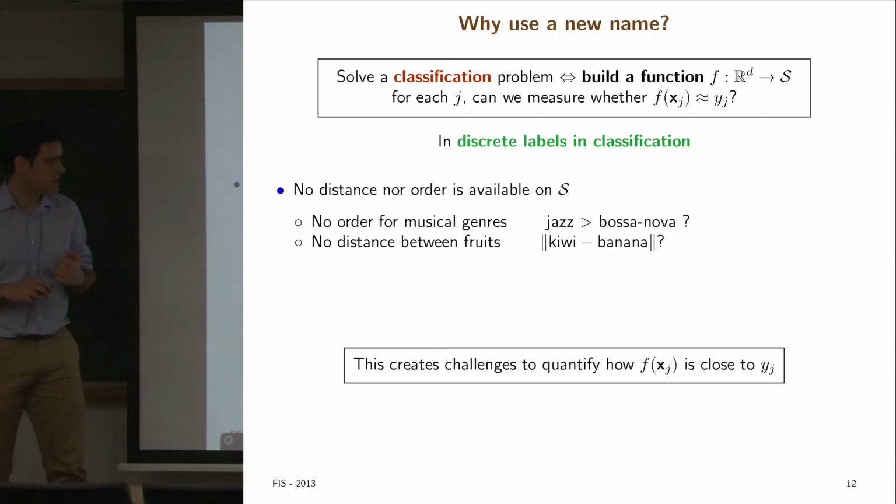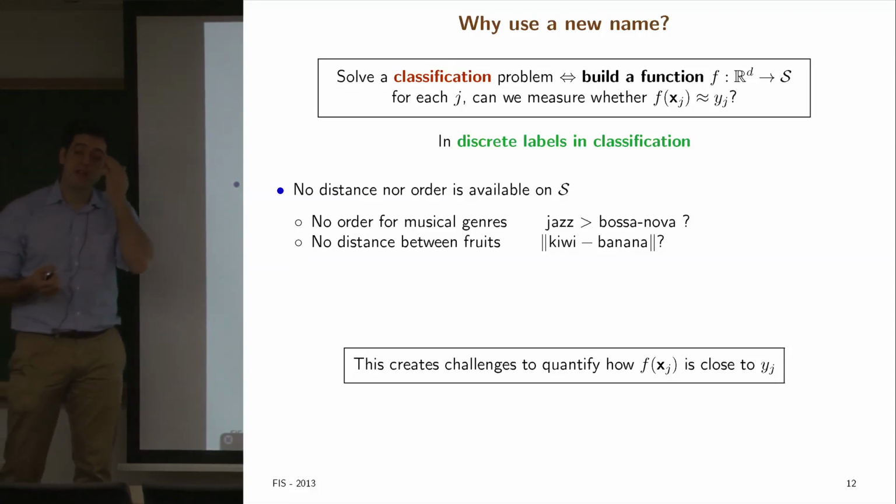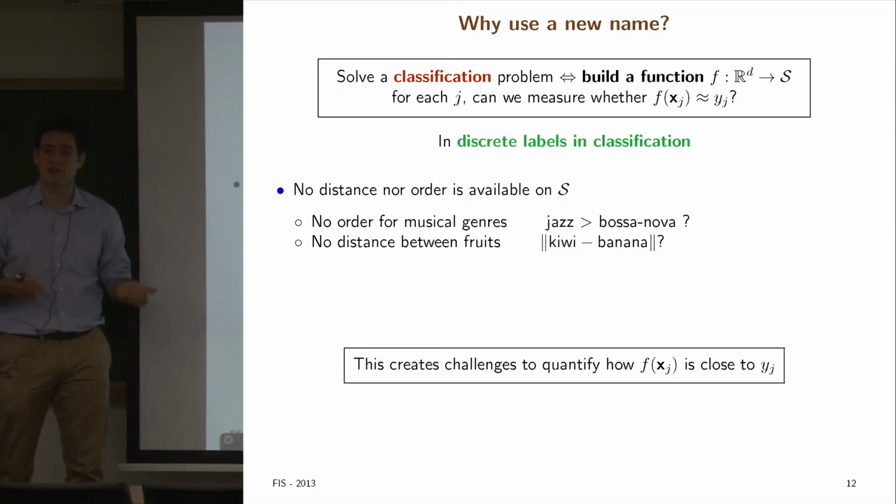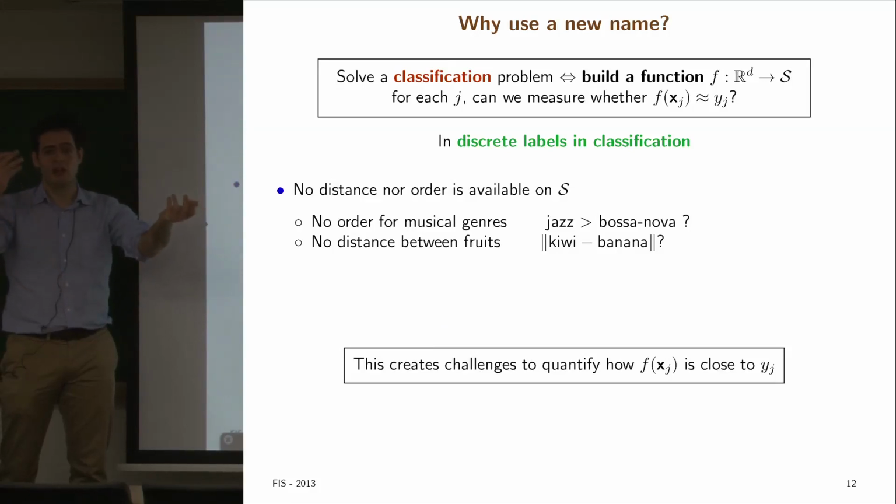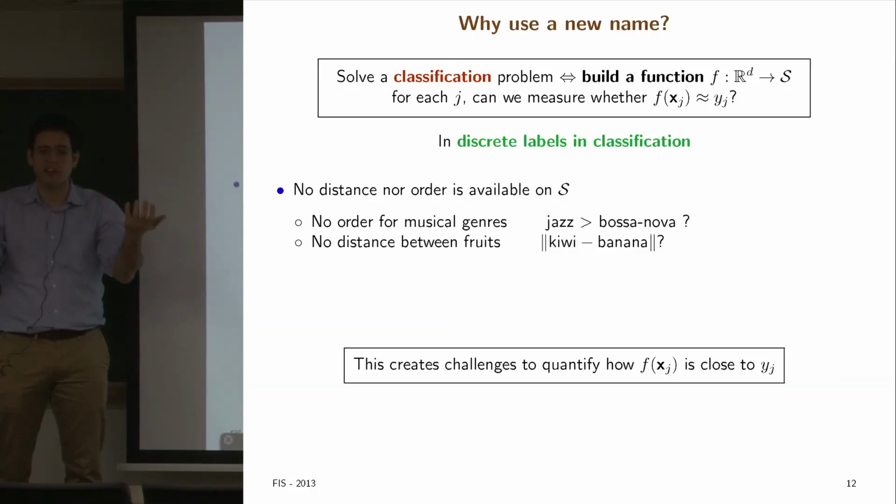Well, it's because usually there is no distance or order that's available in a set of labels. If you have to classify pictures as being pictures of dogs or cats or mice, there's no order, there's no clear distance between these.